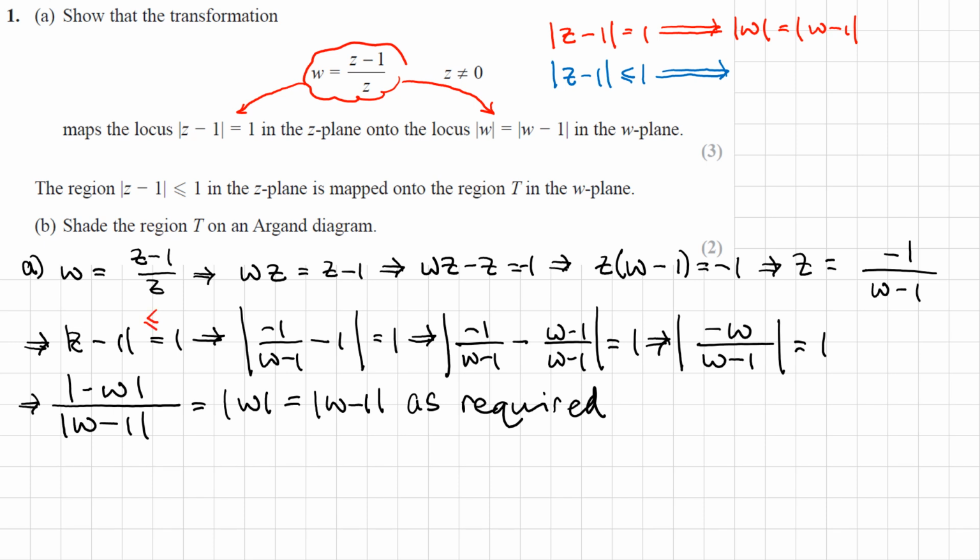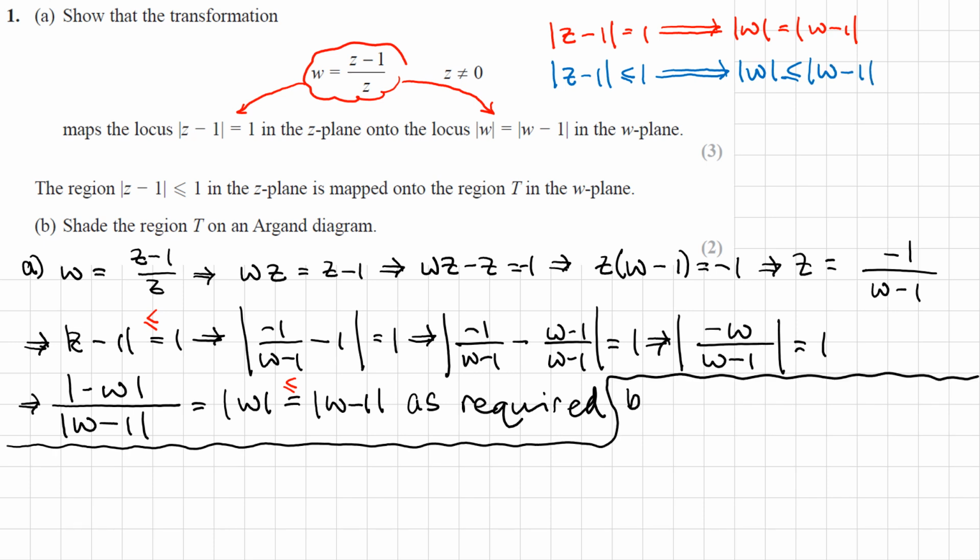So if I have that there, it'll be like that, because at no point in these steps did I multiply or divide by a negative number, meaning I'd have to flip that sign around, so there's no need. So this region is going to transform to this region, the modulus of W less than or equal to the modulus of W minus 1.